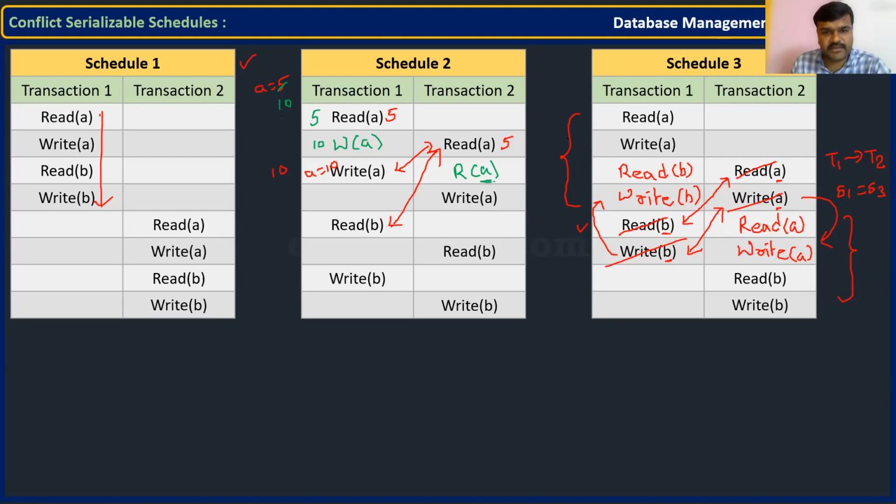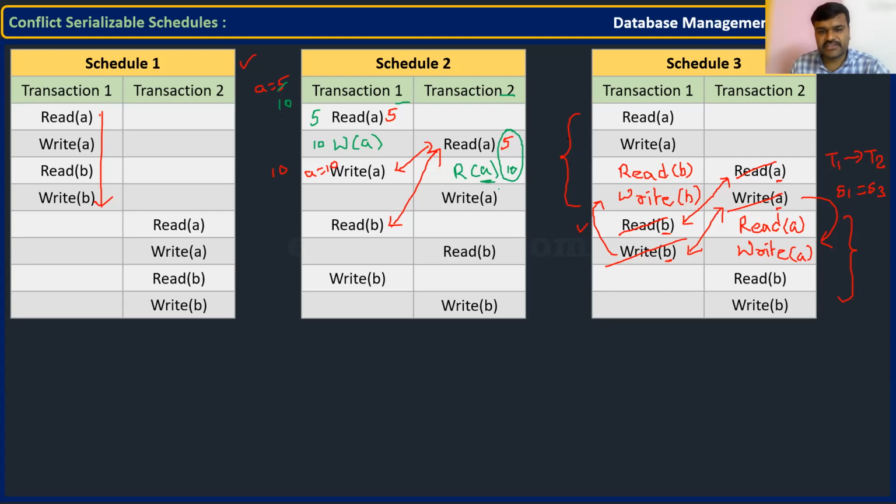Now when you perform the read operation on A, what are you going to read? The value written by T1, that is 10. So that is the problem. So by swapping two operations from different transactions, the value should not change. That is what you can ensure in this swapping.